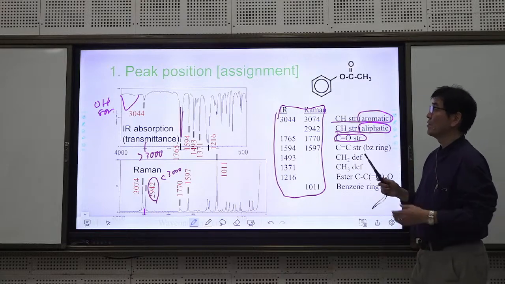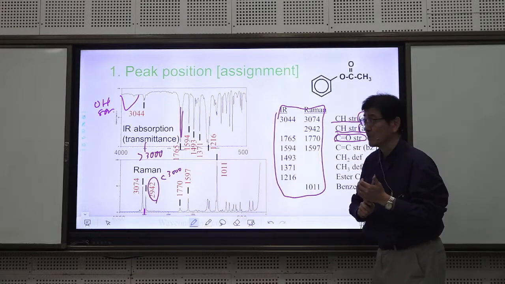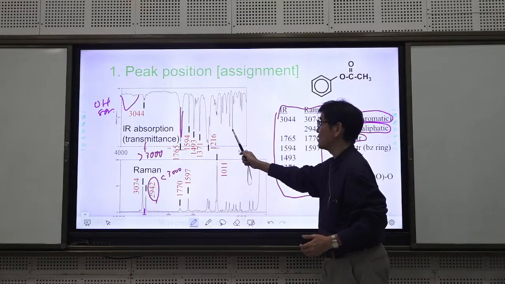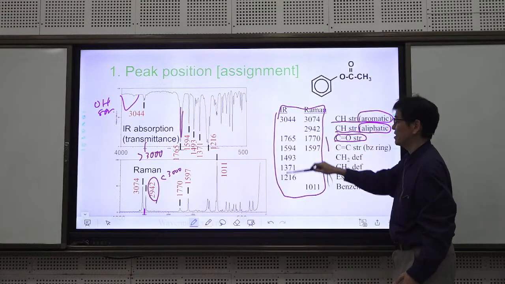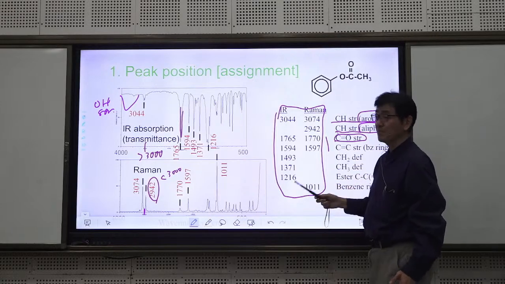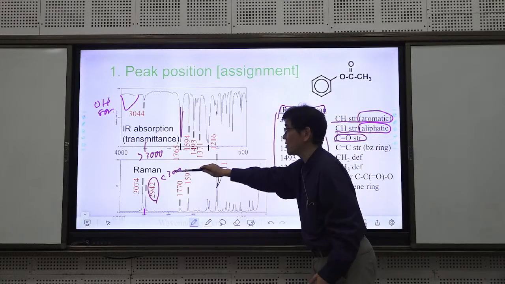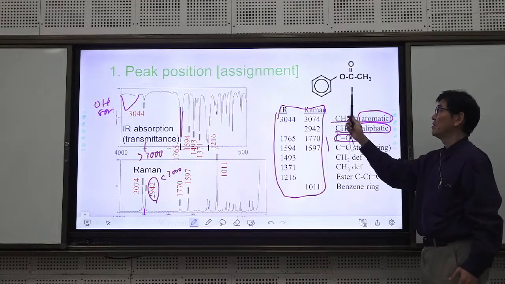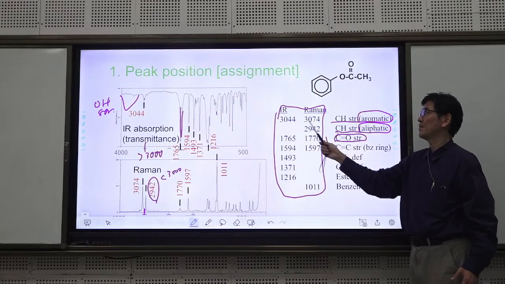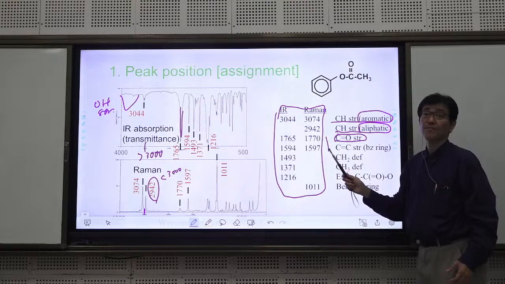So first of all, when you measure the spectrum, check the peak positions and make a list. If possible, please measure both IR and Raman spectra, and try to assign each peak.